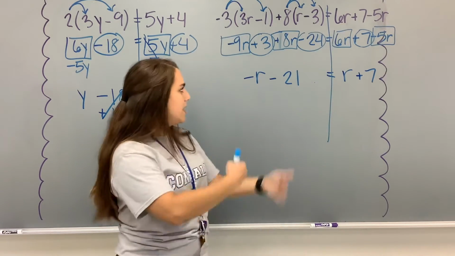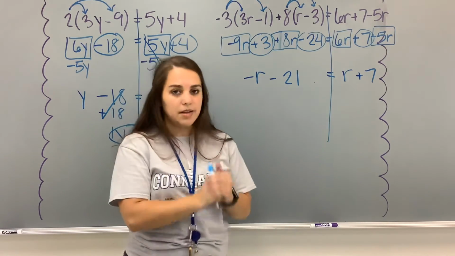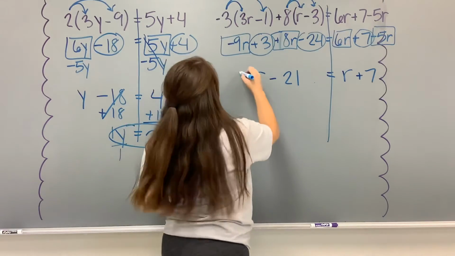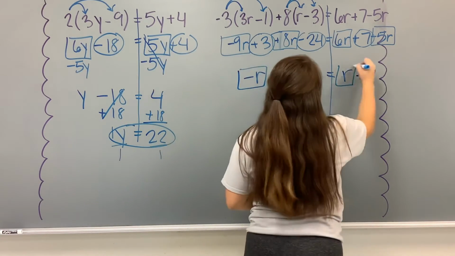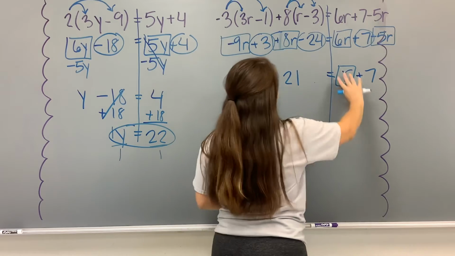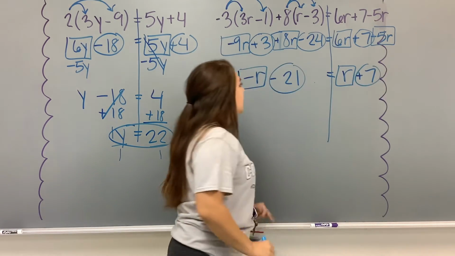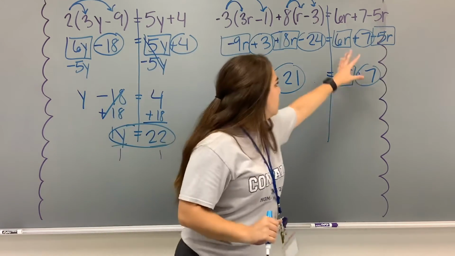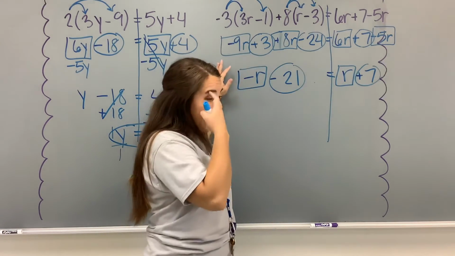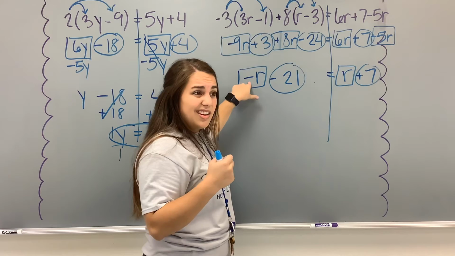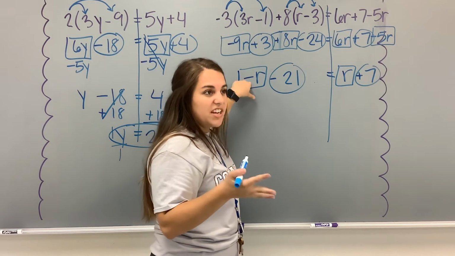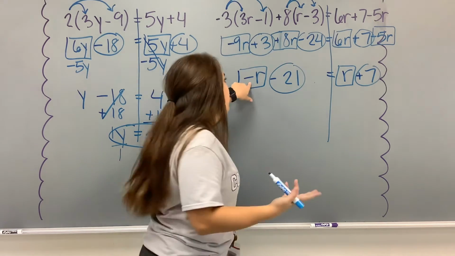Let's continue combining like terms. The only thing is they're not going to be on the same side of the equal sign anymore. They're on different sides of the equal sign. So now I have something that I'm going to do here and then here. It really doesn't matter which side you move first. I see that this is a -r, and that's kind of funky to work with, so let's try to move it first.